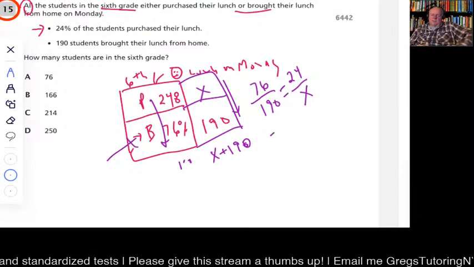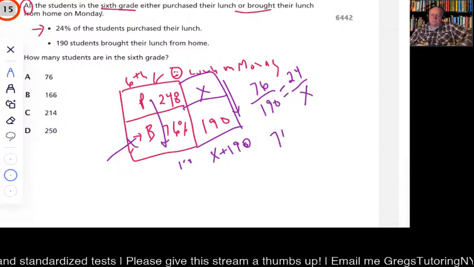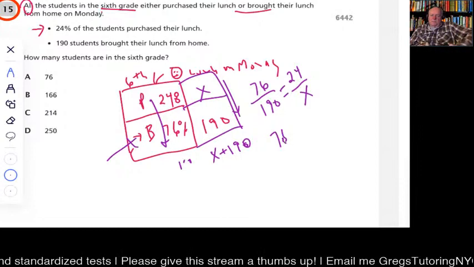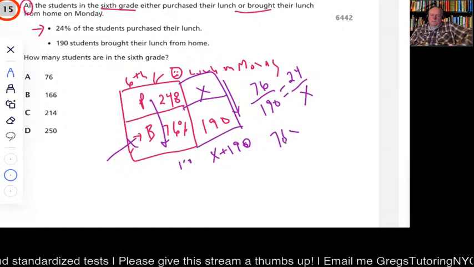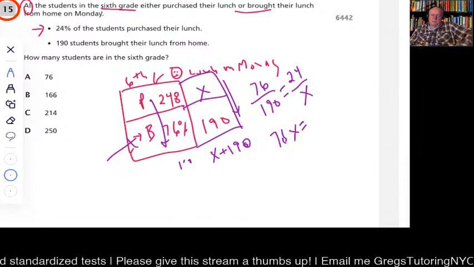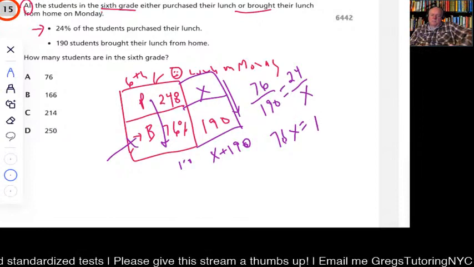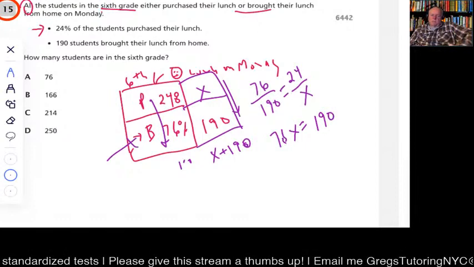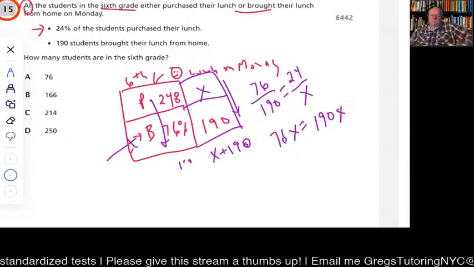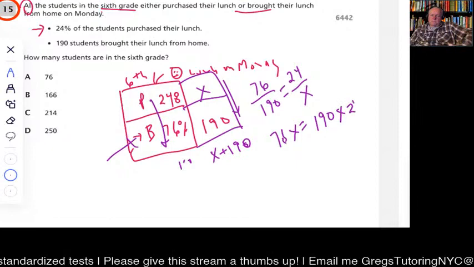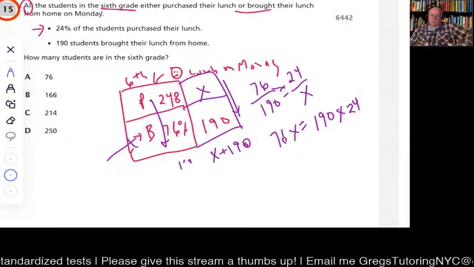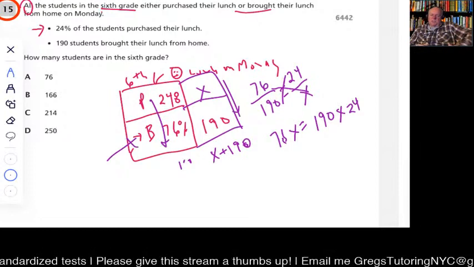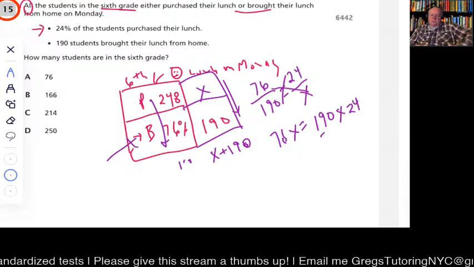So we have 76 times X equals 190 times 24. Right? We're going to cross these two, do that, and then do these two. And now to get X by itself, we're going to divide by 76.